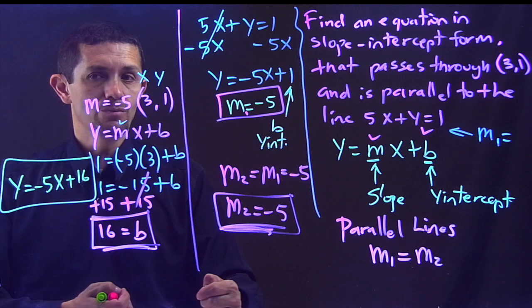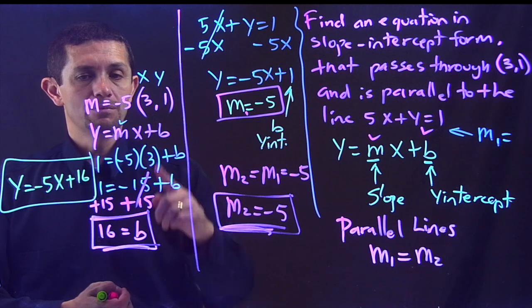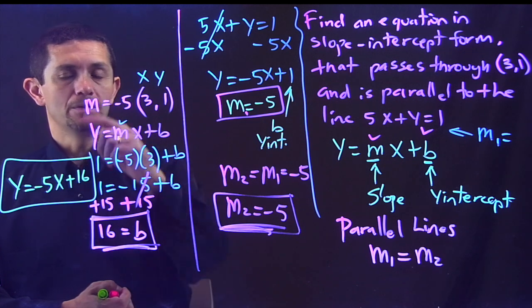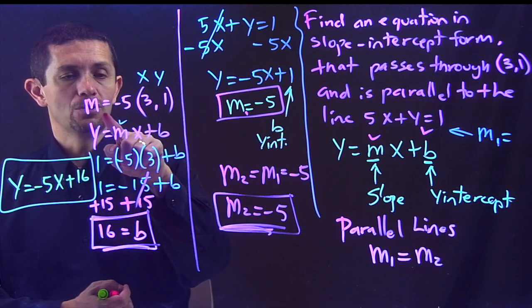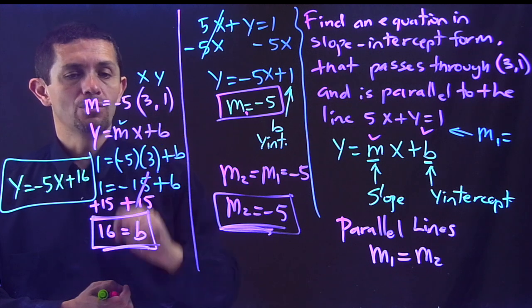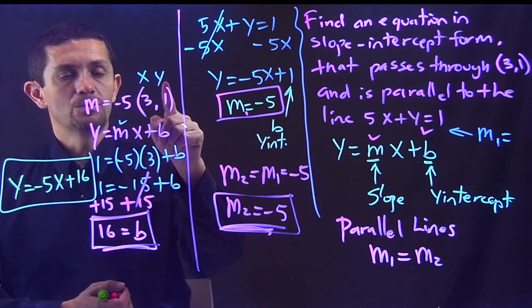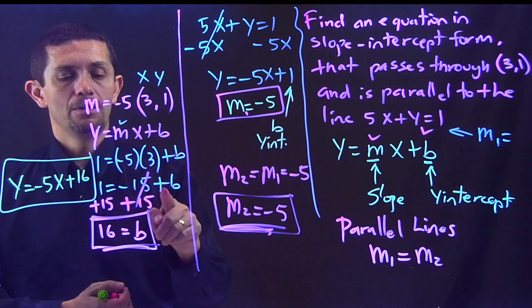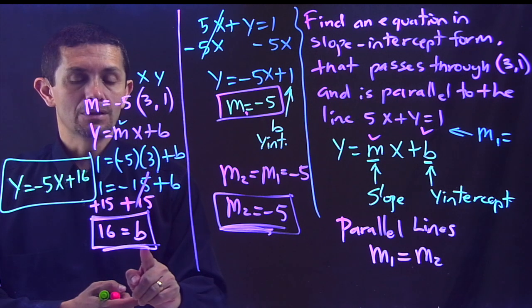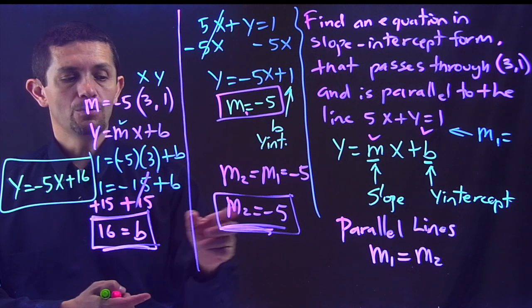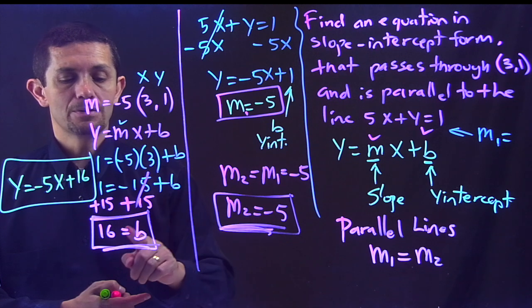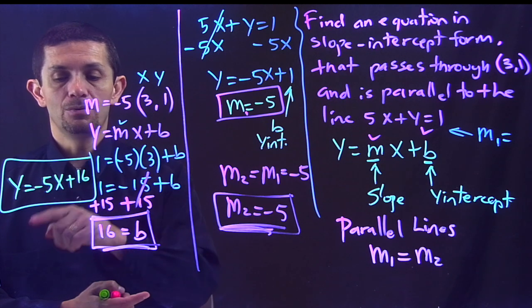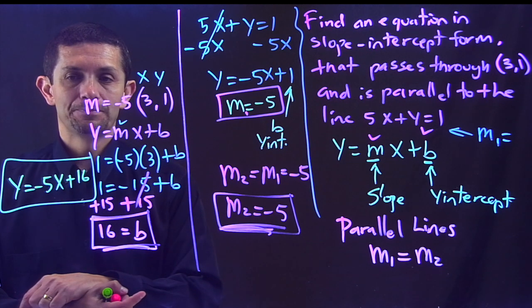To find the y-intercept, this is our process: always bring my slope and my point, my ordered pair x and y, plug it back in, and find your y-intercept. And your last step will only be to replace the slope and the y-intercept in the original function. Okay? Thank you.